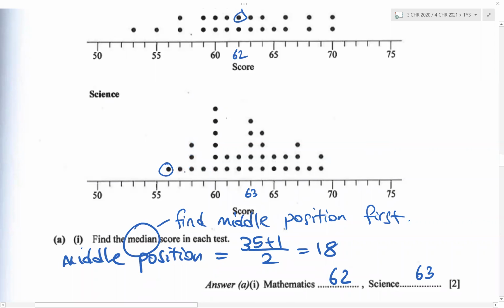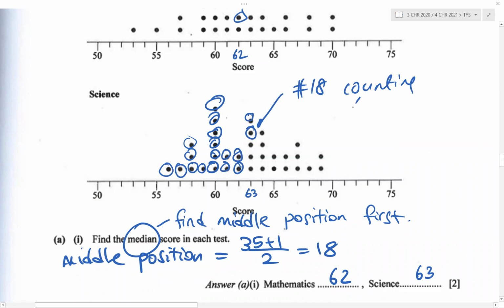What if we go 1, 2, 3, 4, 5, 6, 7, 8, 9, 10, 11, 12, 13, 14, 15, 16, 17, 18. This is number 18, counting from top.